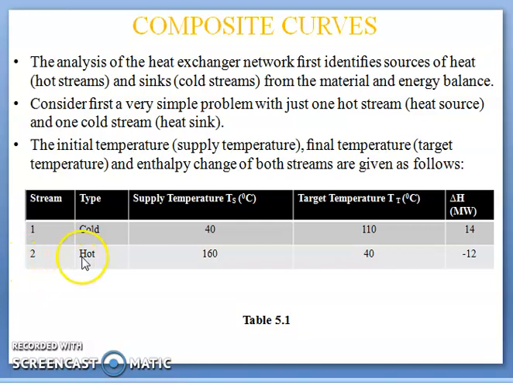Whereas the second stream is hot type, supplied at 160 degrees Celsius and needs to be cooled to 40 degrees Celsius. So here the hot stream is carrying 12 megawatt of excess heat with it. So we have to remove this 12 megawatt using a cold utility.